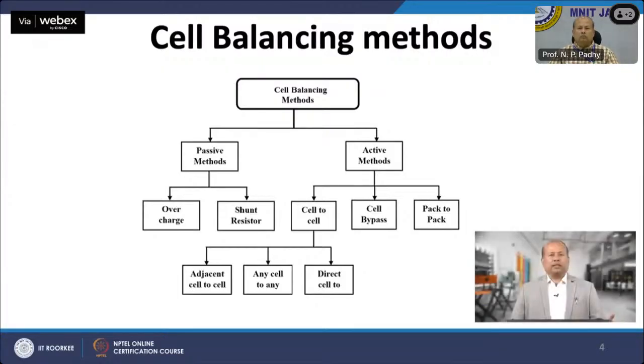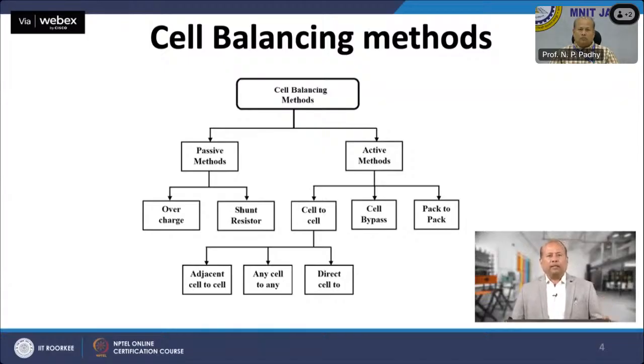Cell balancing is broadly divided into two methods, passive and active methods. The passive methods are segmented into overcharge and shunt resistor methods.